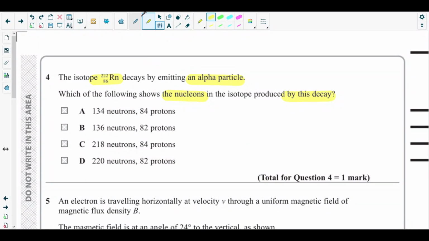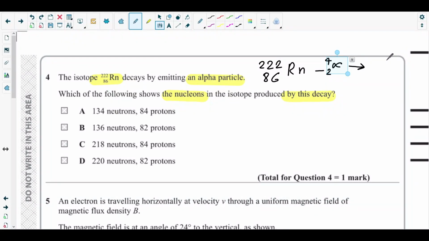At first consider the decay. Radon has mass number 222 and proton number 86, and it emits an alpha particle. The alpha particle has mass number 4 and proton number 2, since the helium nucleus has 2 protons.